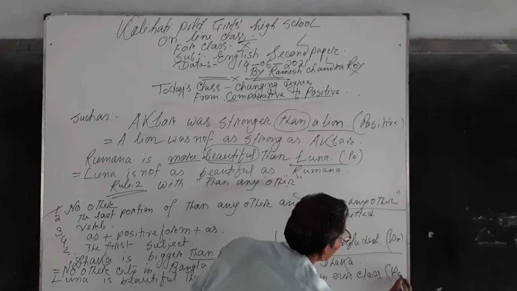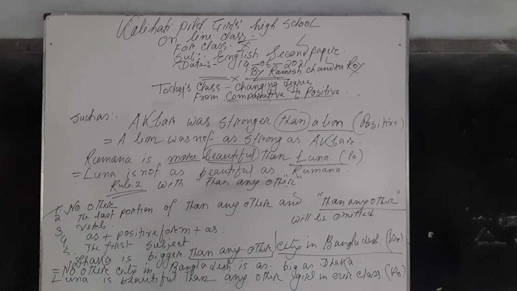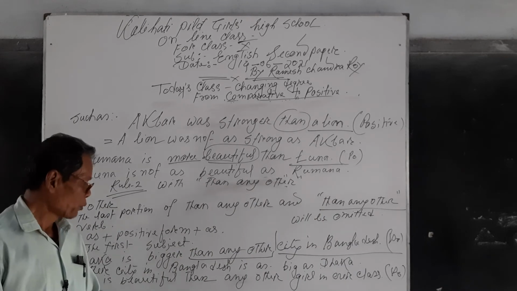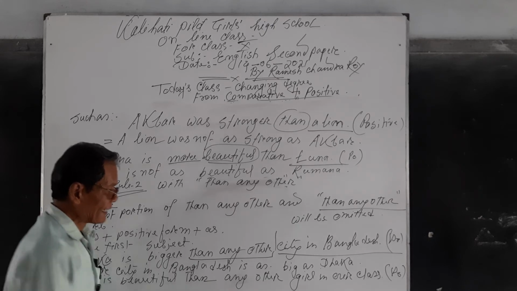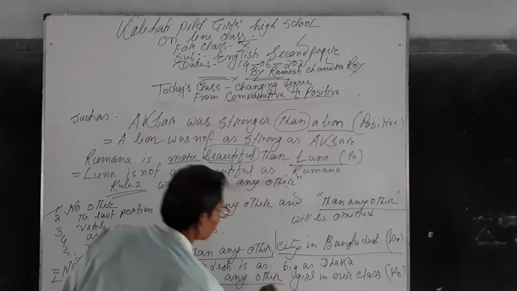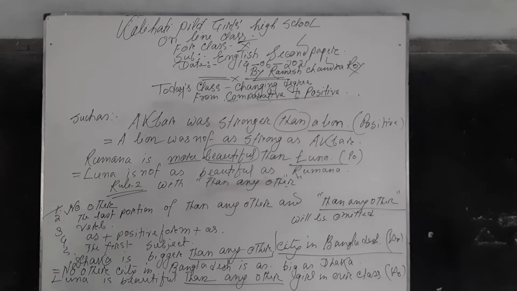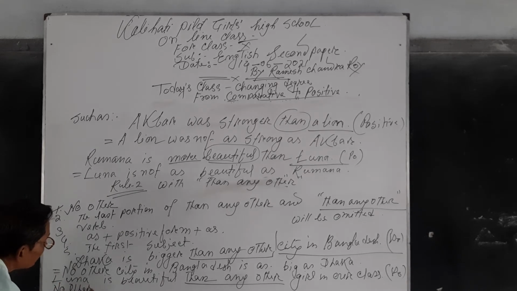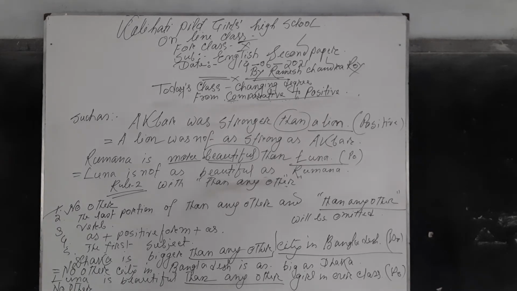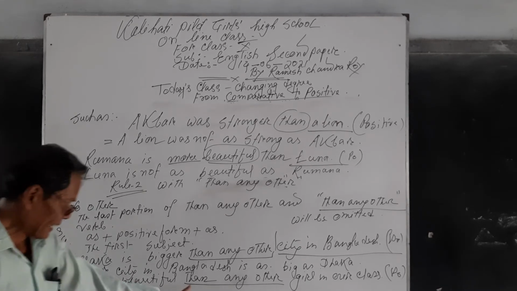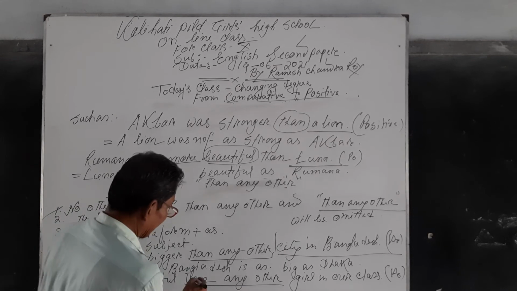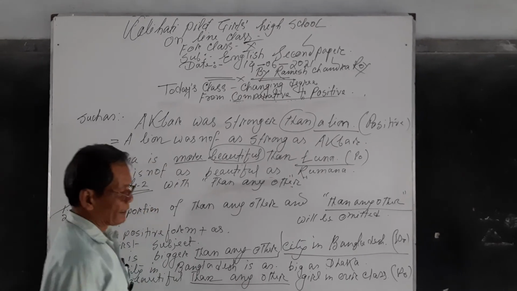Positive. Okay? Here, student, you can see that it is also added with than any other. Then you will have to take at first no other, and the last portion of than any other, and than any other will be omitted.